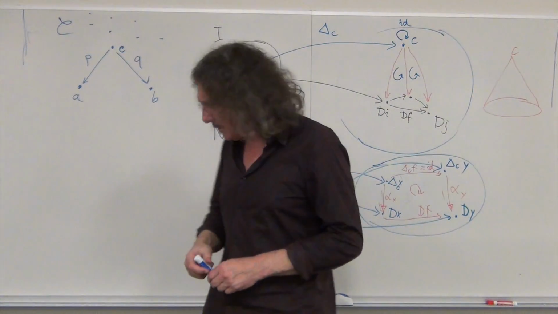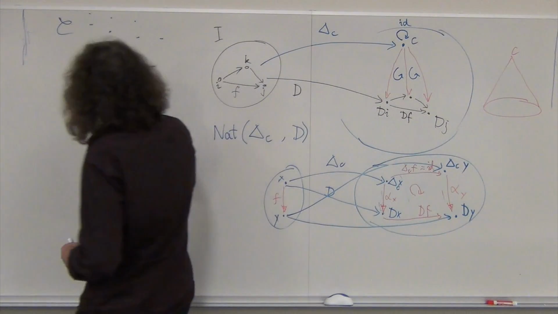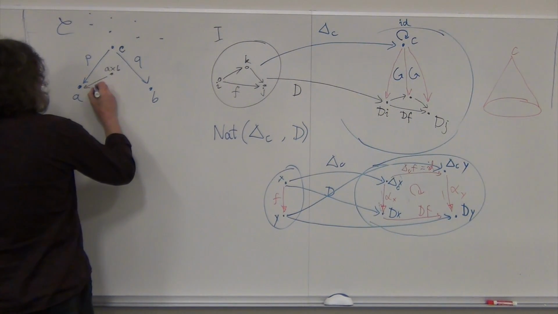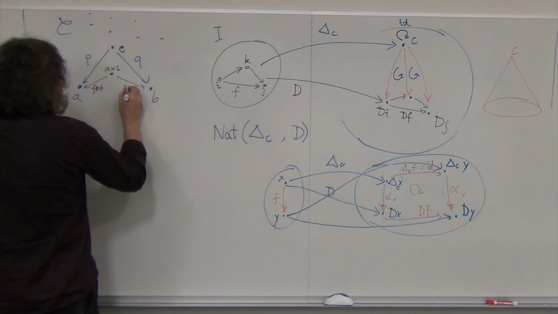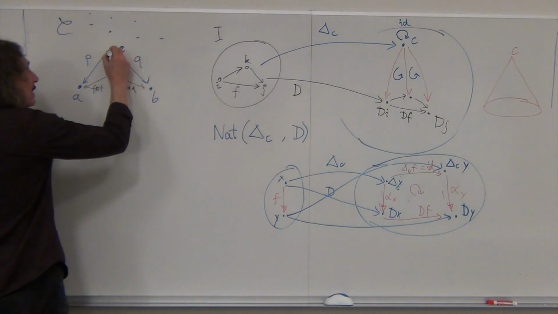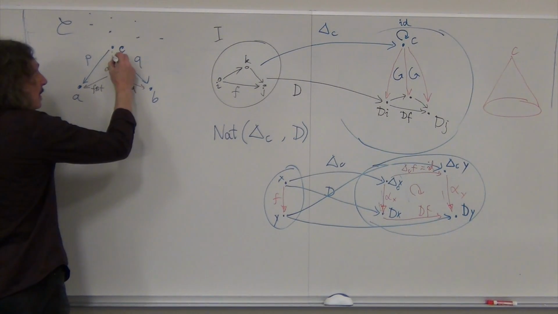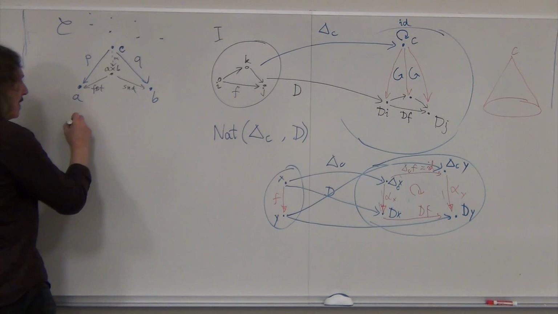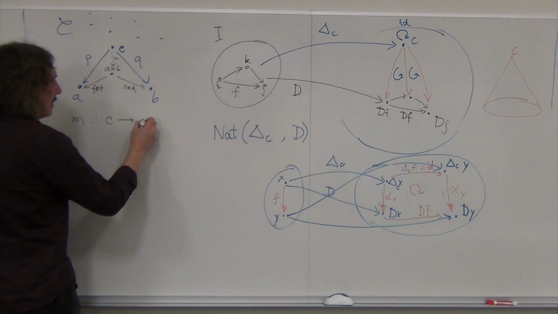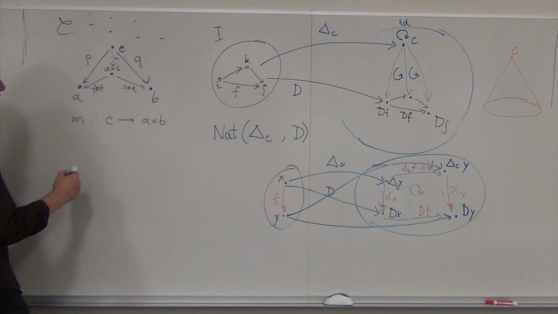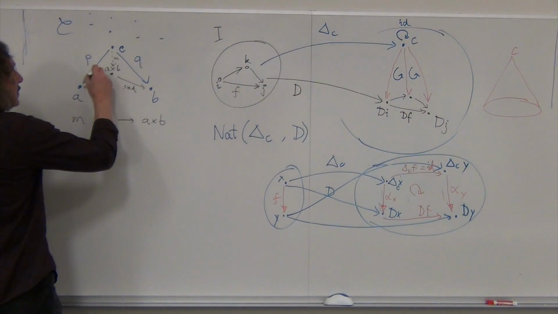Picking the best one out of these meant that the best guy, the actual product, A cross B, with two projections which we call first and second, has this property that for any other candidate there is a unique morphism M from C to A cross B. So M goes from C to A cross B, our good guy, the universal guy, such that these triangles commute.